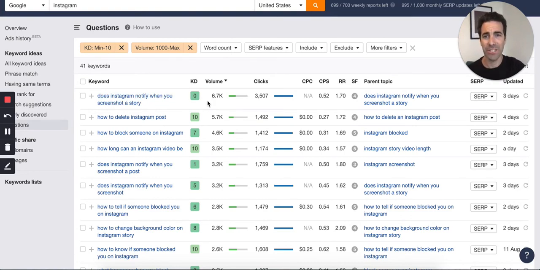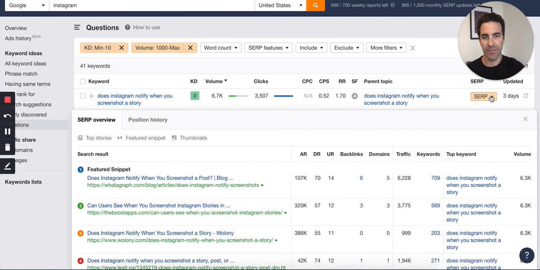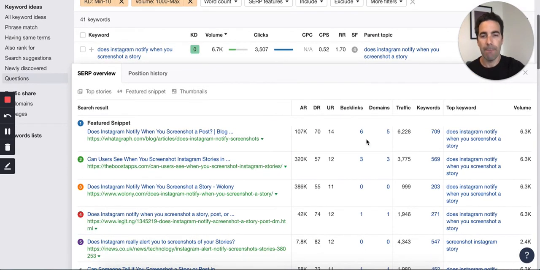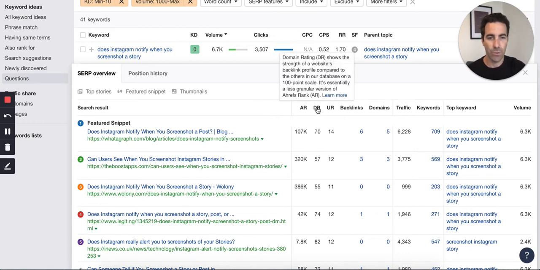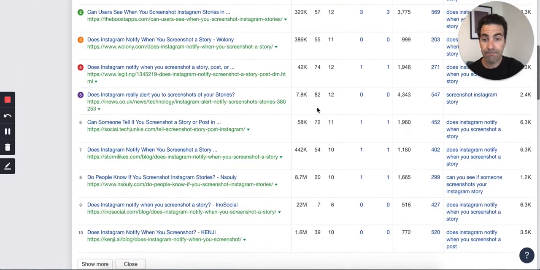But the next question to find out is, what does the search result look like and how competitive is this keyword? The beauty with Ahrefs is it provides a measure of the authority of websites, and that measure is called the domain rating. So as you can see here, this is the top 10 search results on that keyword in Google.